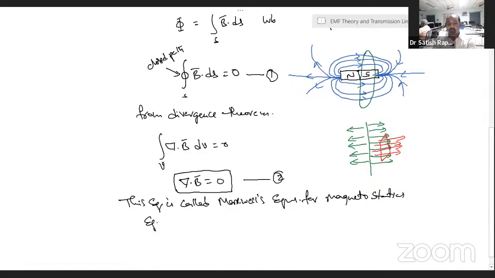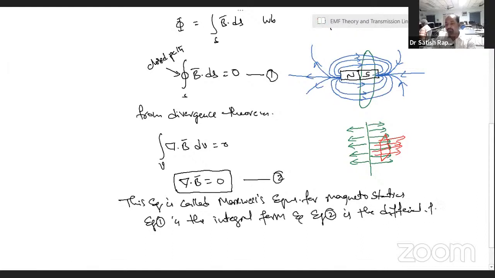Equation 1 is the integral form, and equation 2 is the differential form. So this is the second Maxwell's equation for magnetostatic fields.